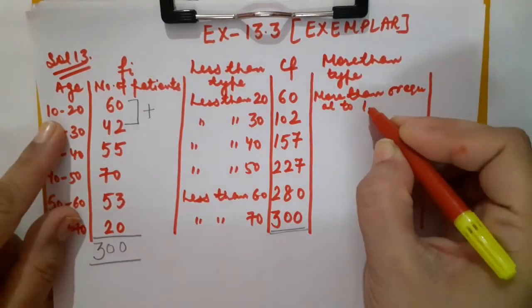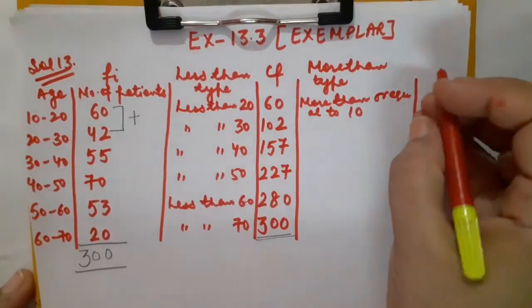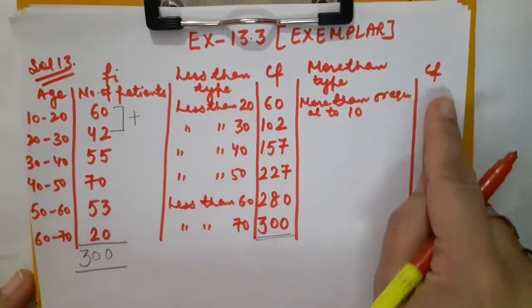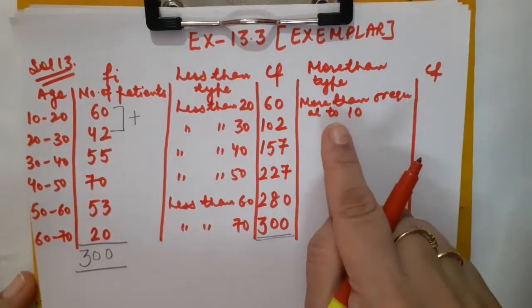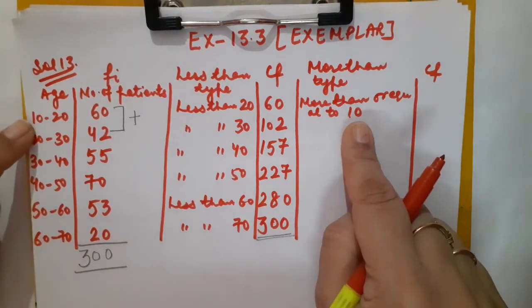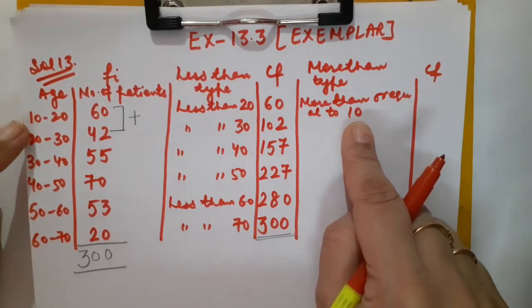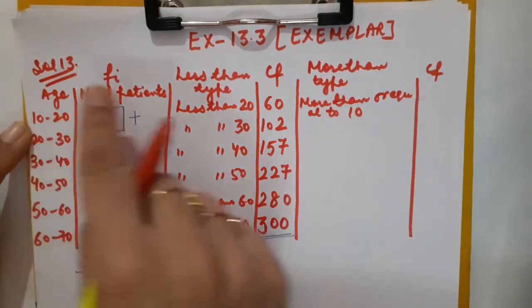10. Now just check. You have to tell the cumulative frequency. This is the number of patients whose ages are either equal to 10, and 10 we can include, I told you, as the lower limit. Lower limit is always included. Equal to 10 and more than 10.